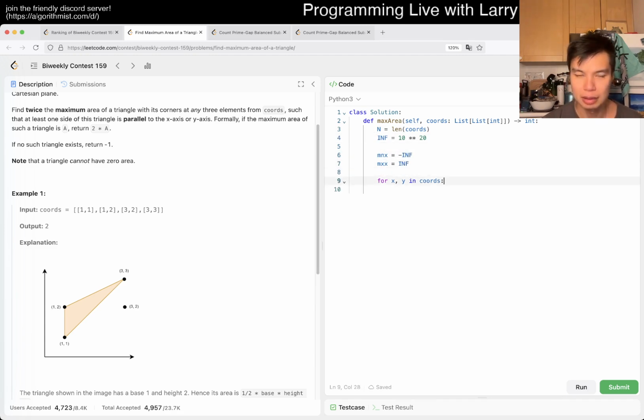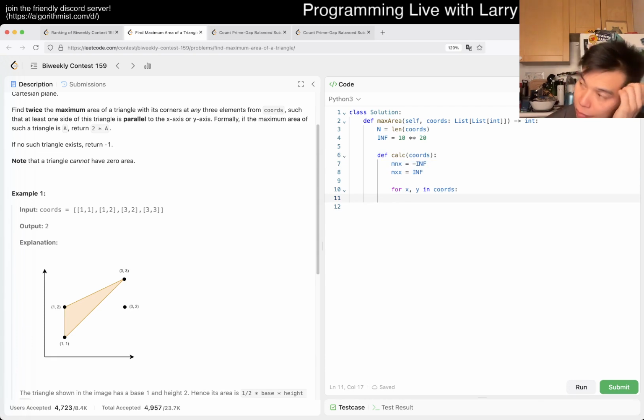And then basically now, so for each x, we want min y, max y, all right? Because then now for each x, we want to get the min and the max of that, right?